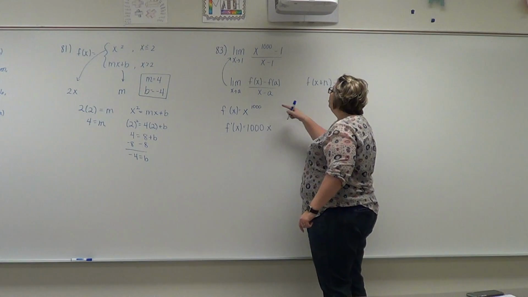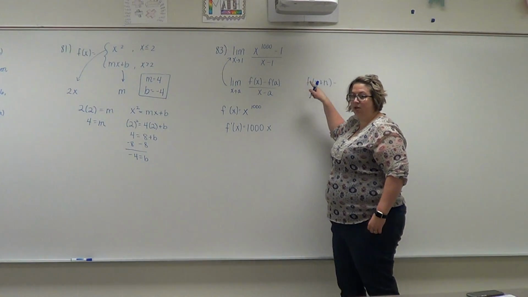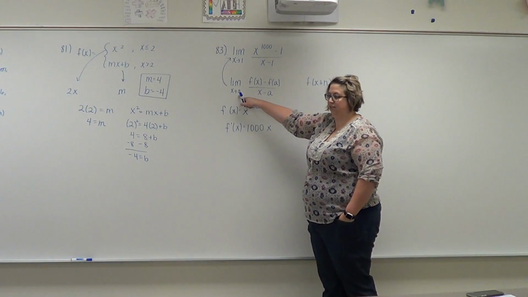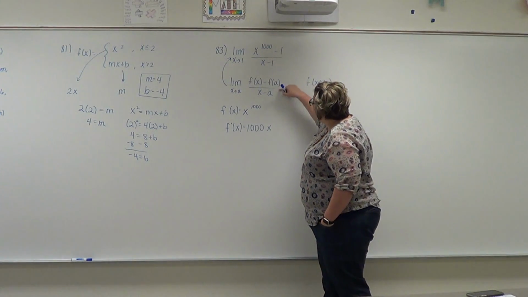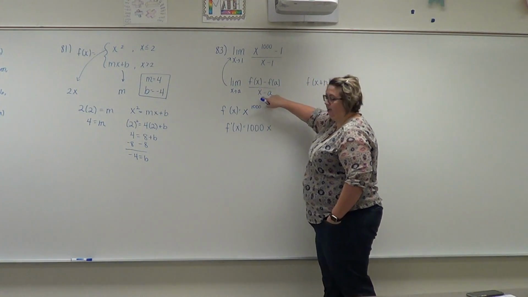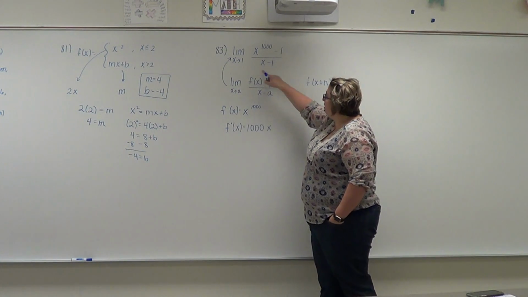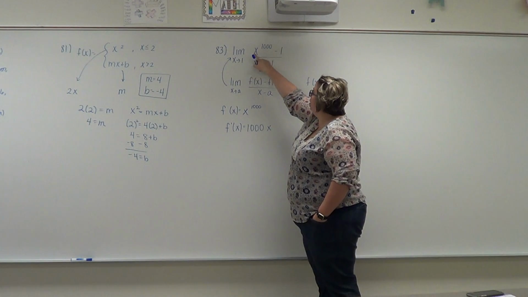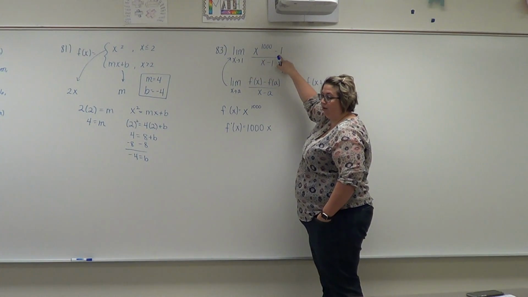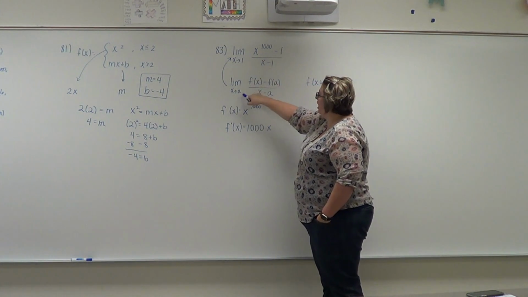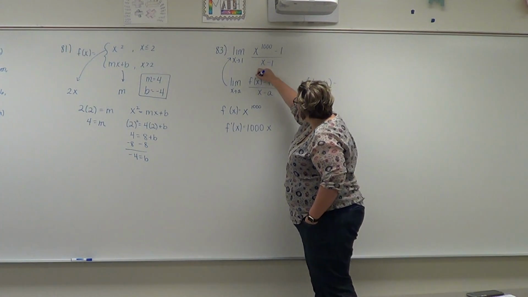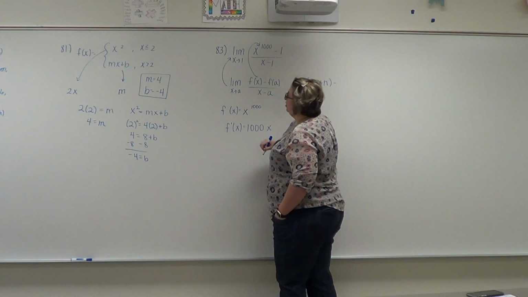Then I said this way's easier, because as h goes to 0, you don't always know what this value is. This has f of x minus f of a, because that's 1, and 1 to the 1,000th is still 1, over x minus a, which was x minus 1. So this right here is my f of x.